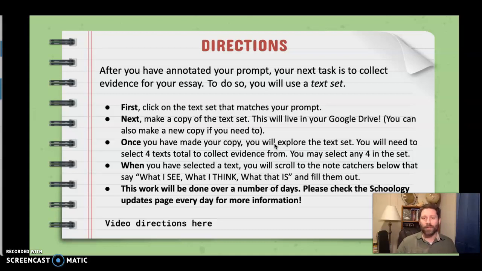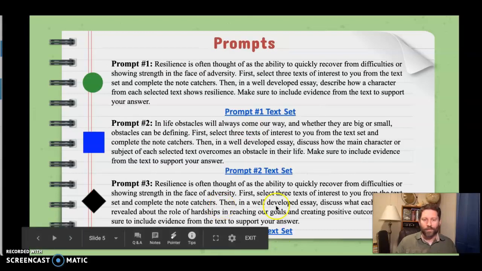This work will be done over the week, over a number of days, so please look through the updates to know where you should be at what time. But on the first day, at least browsing through them is helpful, just to know what text you're going to be looking at. Ultimately, you should be reading all of them, but you only have to do this through 4 of them. So we'll have those video directions for you.